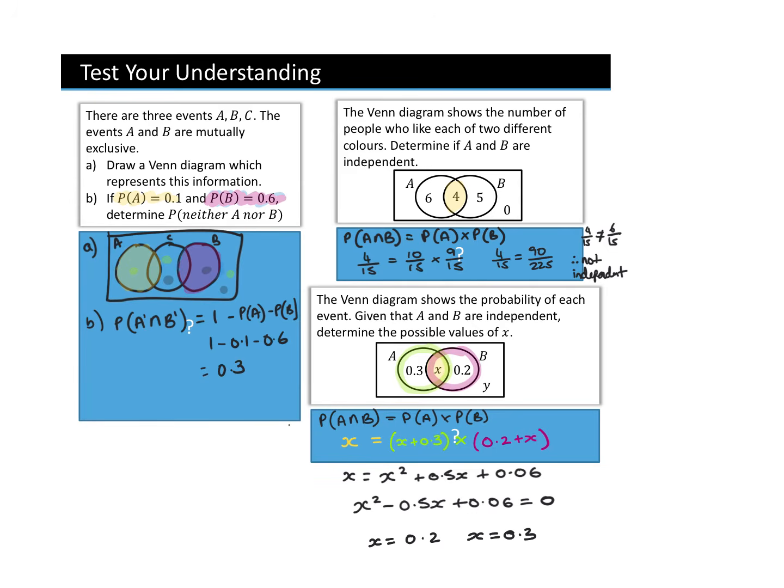You could even factorize that if you want. So if you think about it, you're going to have X minus 0.2 and X minus 0.3 equals 0. So here are two solutions. So possible values of X for this to be independent is X is either 0.2 or X is 0.3. Okay? And that would make whatever this is independent.